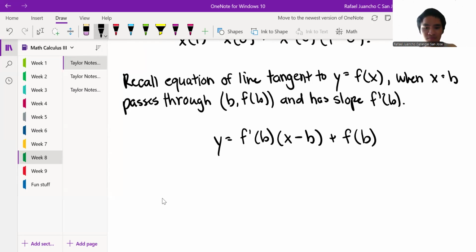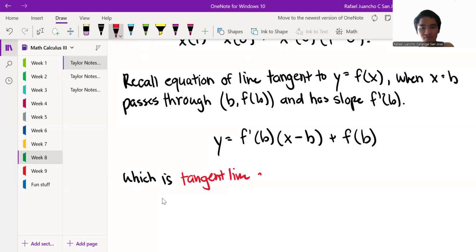There we go. Okay, and we actually call this a tangent line approximation, right?